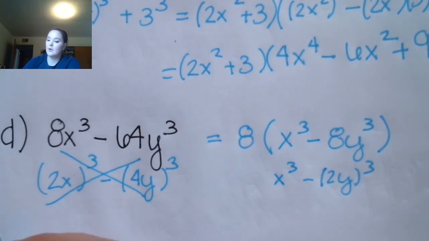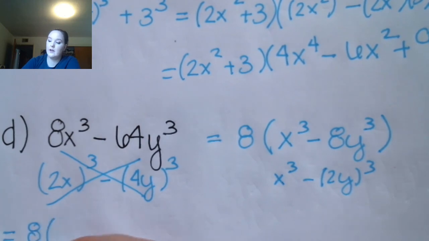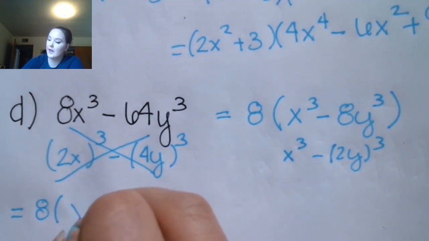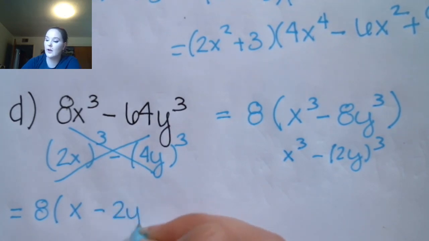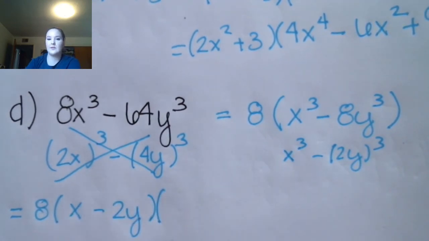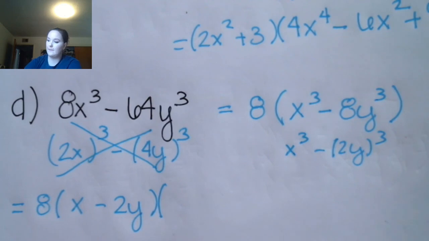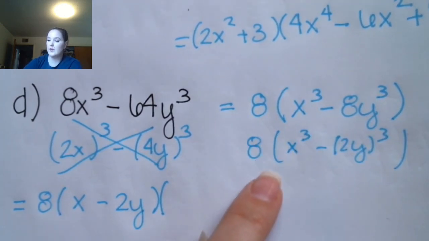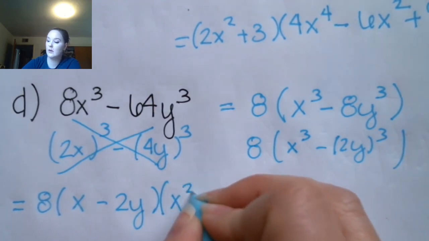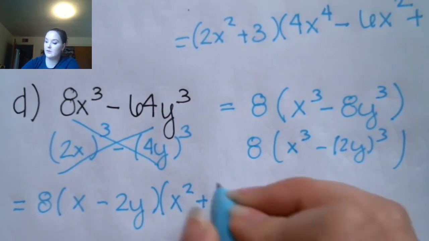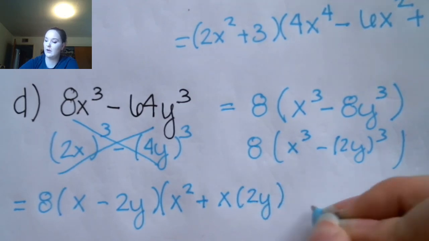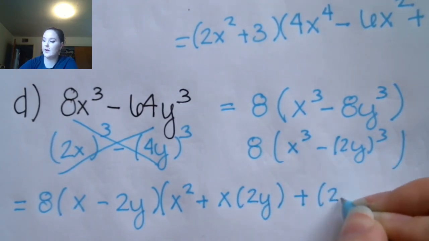So I'm going to have 8 times, and my first factor would be a minus b, so it's going to be x minus 2y. My second factor is going to be, I forgot to put my 8 out here, a squared plus a times b, plus b squared.